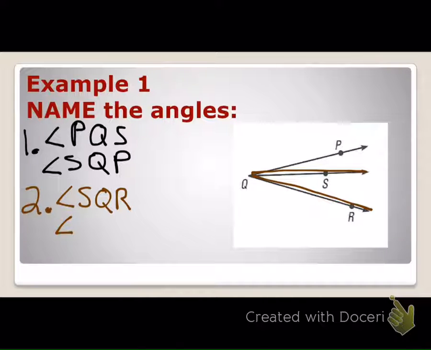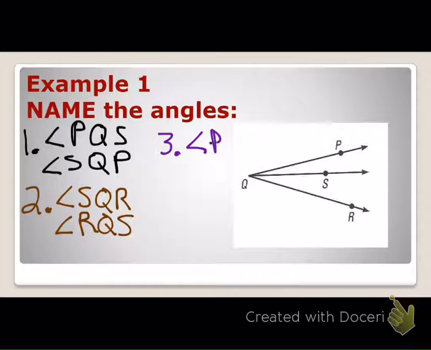RQS. You just flip it around. Yes, we'll do one more. So our last angle is the bigger angle. So we're going to say 3. Angle PQR. Or what else could it be called? RQP.